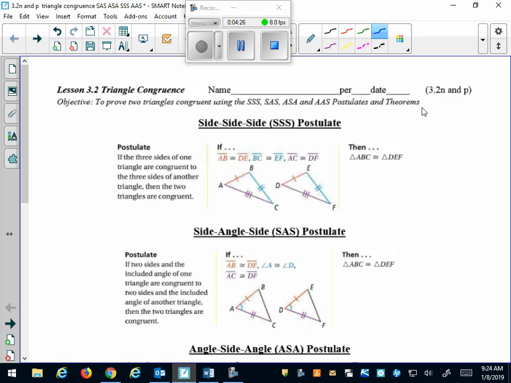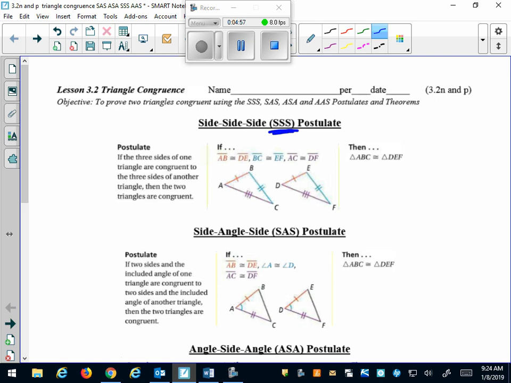Whatever those angles are for one person, they're going to be the exact same angles for another person. Since there's only 3 sides, if all the sides are congruent, it automatically makes all of the angles congruent. So what this postulate says is that you don't need to know about all the angles. You could just know the 3 sides, SSS.